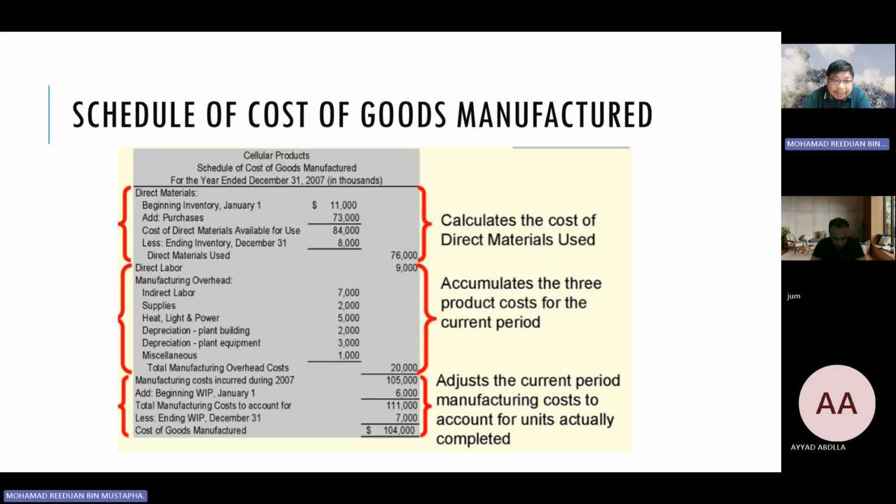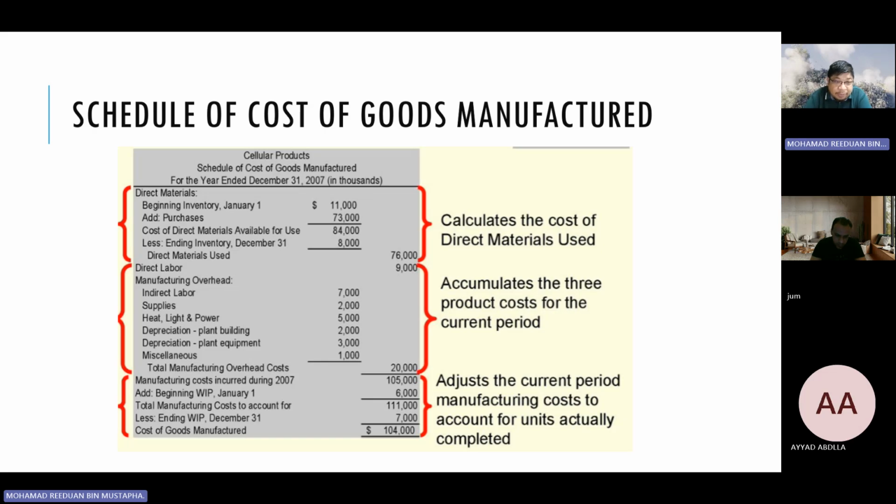But here actually is the depreciation, which is somehow you need to absorb all these costs that we pay for the building to the product. So that's why they absorb all the manufacturing cost, so they will identify how much they cost for those items.